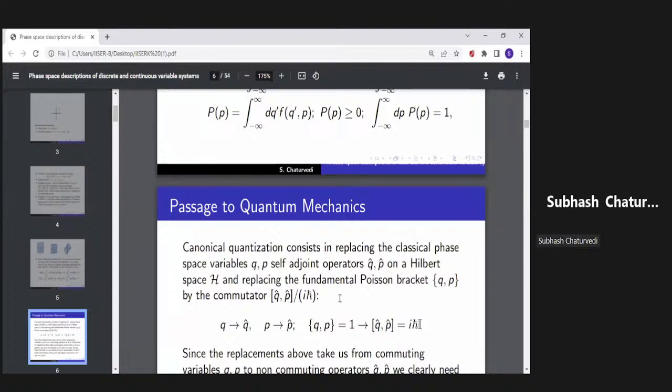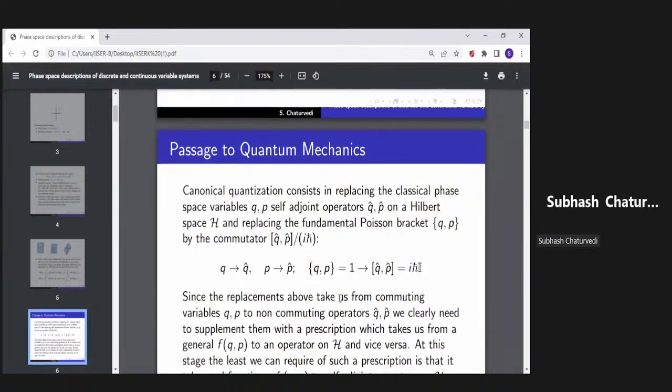So this is the prescription for passing from a classical description. Again, we are restricting ourselves entirely to Cartesian situations where the coordinate space we are dealing with is Cartesian.